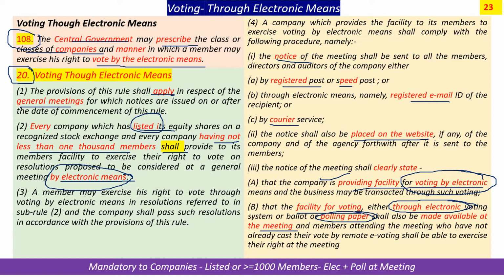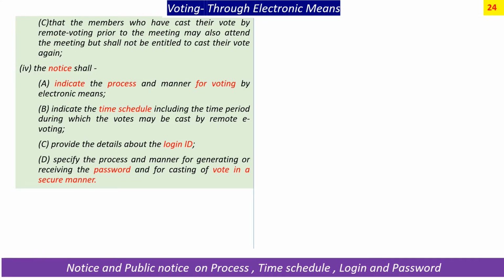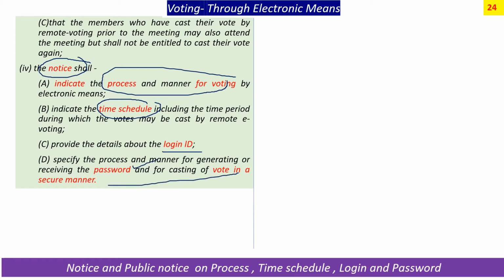And there also you can either use polling paper or you can use the electronic media. The notice also will indicate the process and manner of voting. It will indicate the time schedule. It will also indicate the login ID and the password for a member to log in and cast his vote on the net.